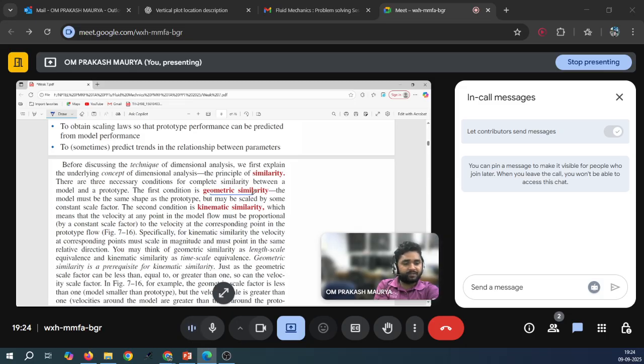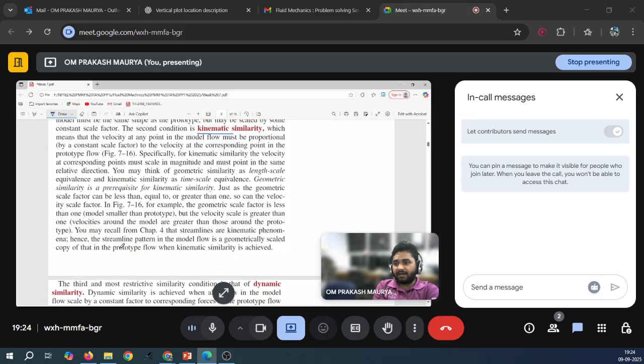One is geometric similarity, meaning the dimensions should be scaled down. Then kinematic similarity, meaning the velocity at any point of the model flow must be proportional to the velocity at the corresponding point in the prototype flow.